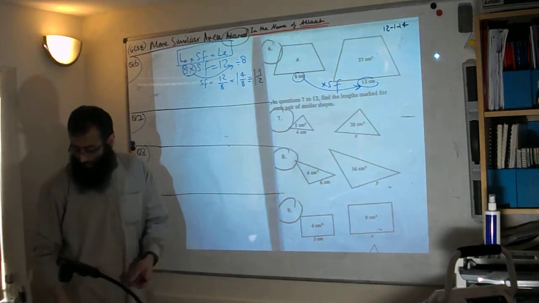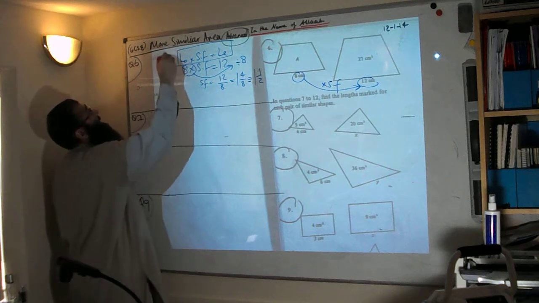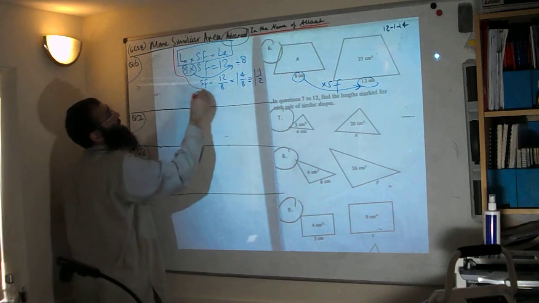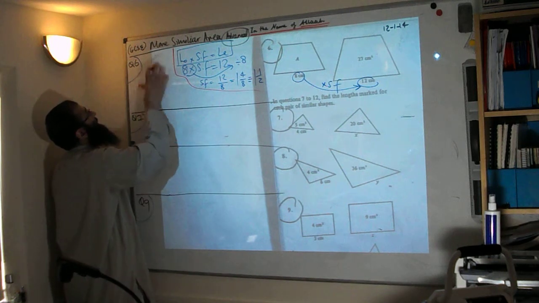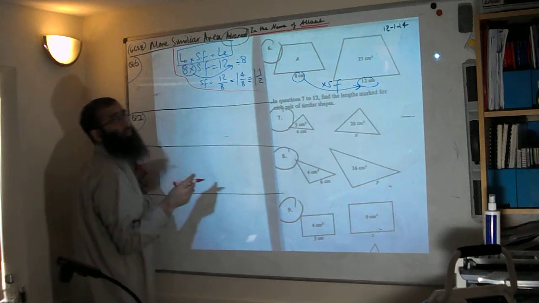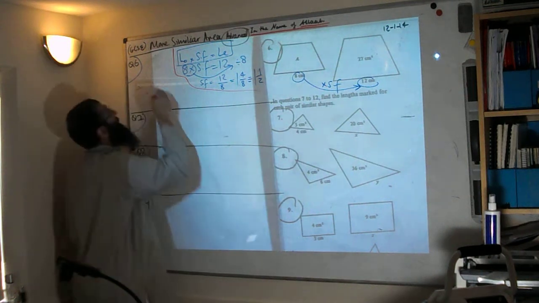So let's change color. Okay, now we know that the area formula is as follows.